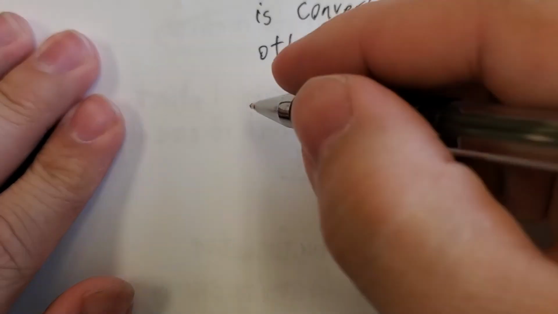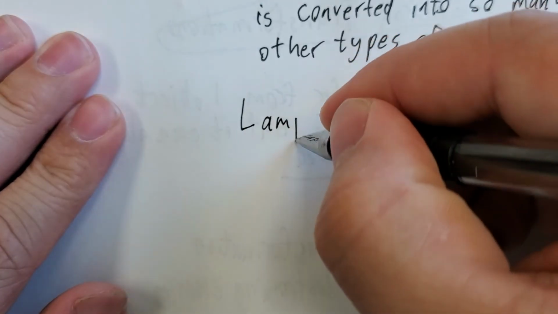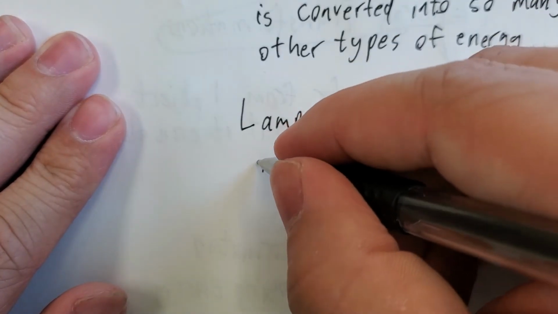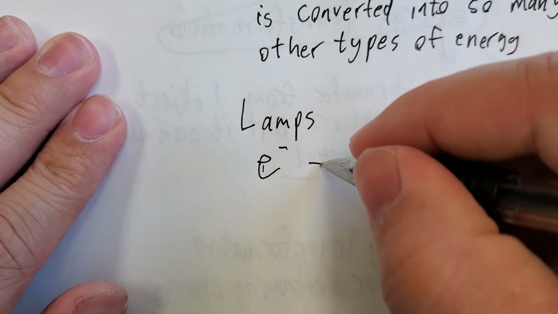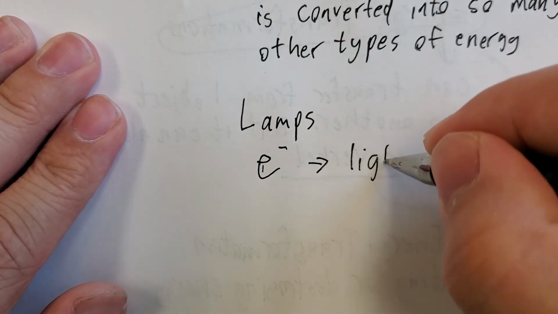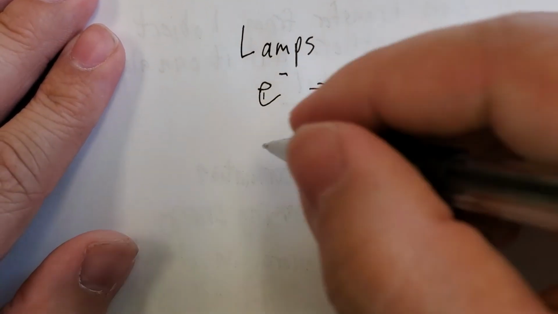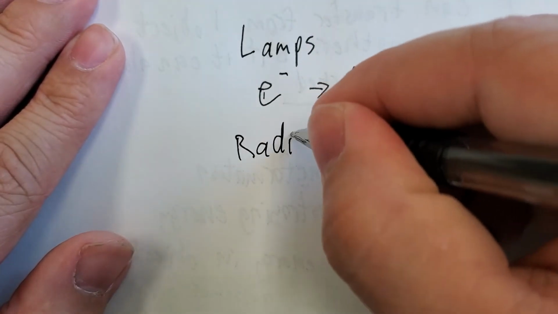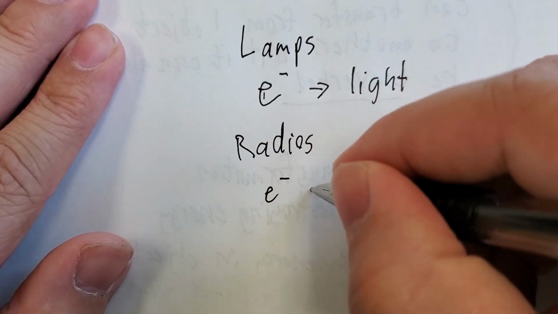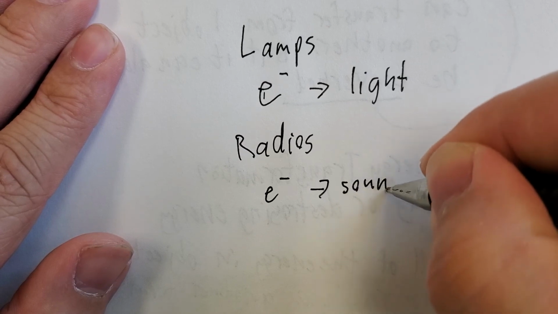For example, we have lamps, which go from electrical to light. We have radios, which turn electrical into sound.